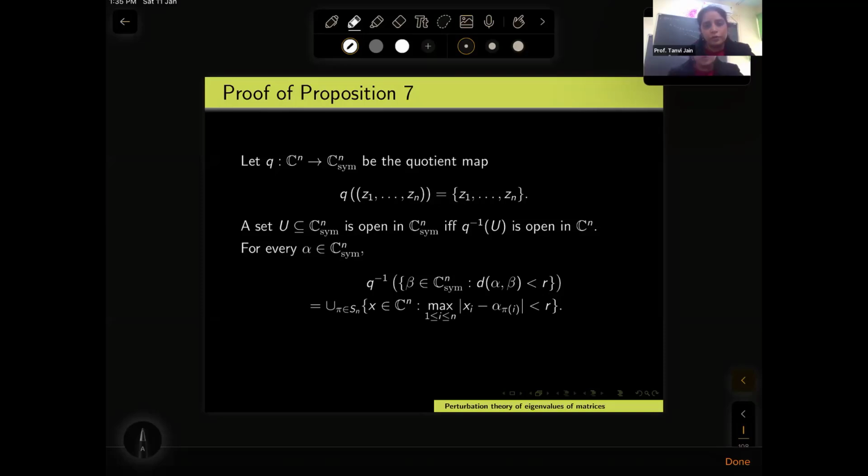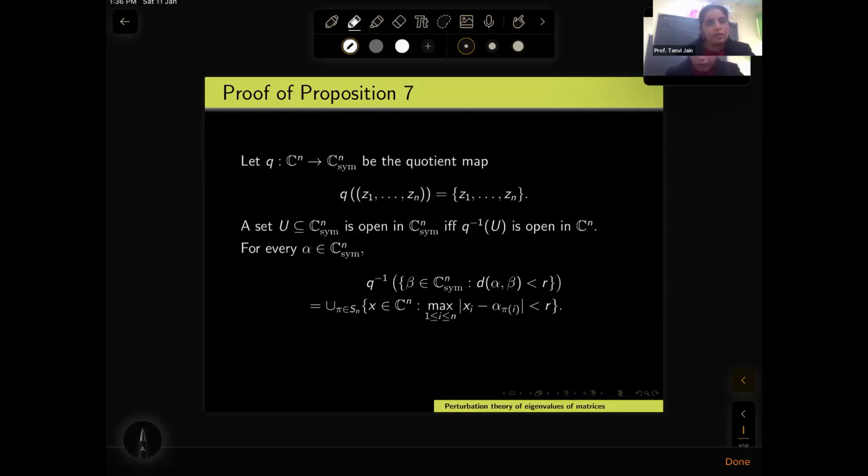How will the open sets of C^n_sim with the quotient topology look? U is open in C^n_sim with the quotient topology if and only if Q inverse of U is open in C^n. Now just look at this equality of sets. For any alpha in C^n_sim, an unordered tuple alpha_1 till alpha_n, the open ball with the optimal matching distance of radius r is this: the set of beta with d(alpha, beta) less than r.